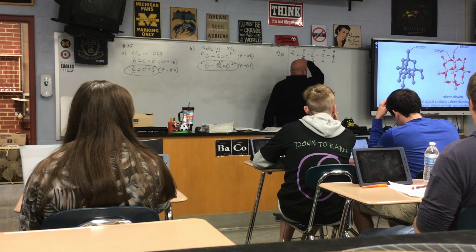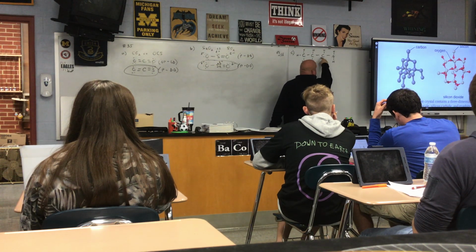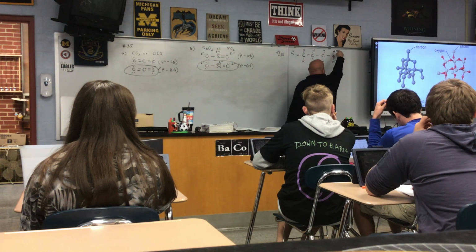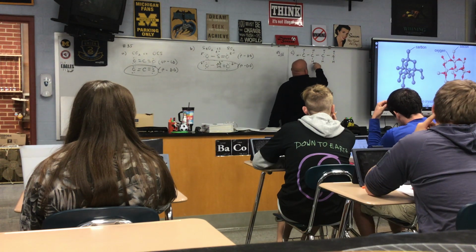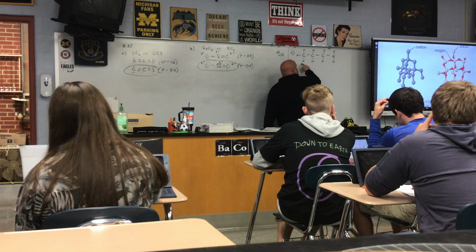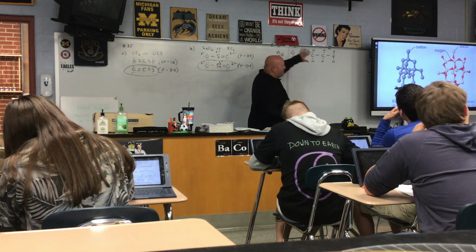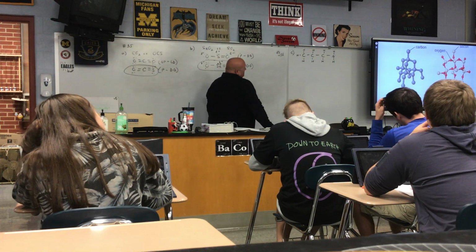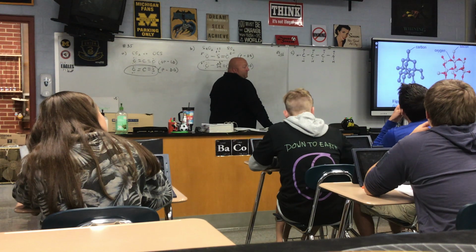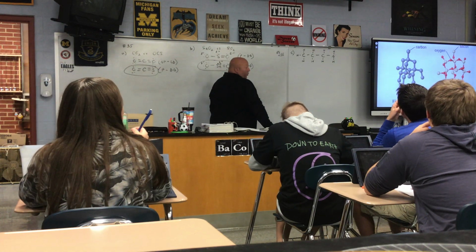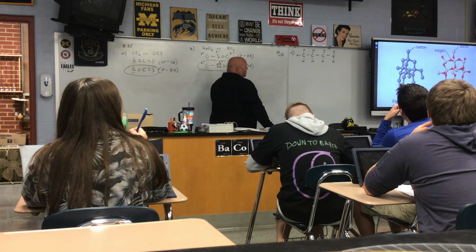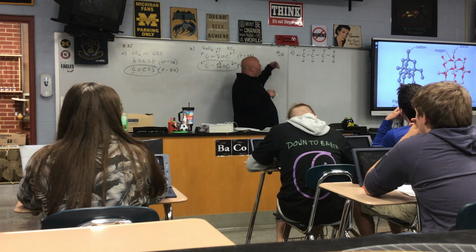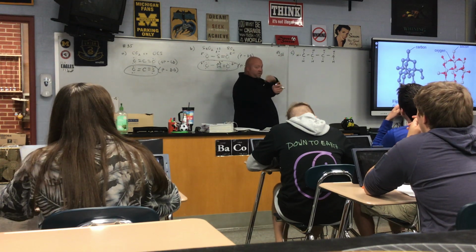Carbon is 4 plus 4, 8 plus 4, 12 plus 5, 17, 18, 19, 20, 21, 22, 23, 24, 25, 26. How many have we used? 24, which means we got how many left? 2. Now, this isn't just a simple micromolecule, right? We got to figure out who's not happy. Where can we put the pair? Nitrogen.